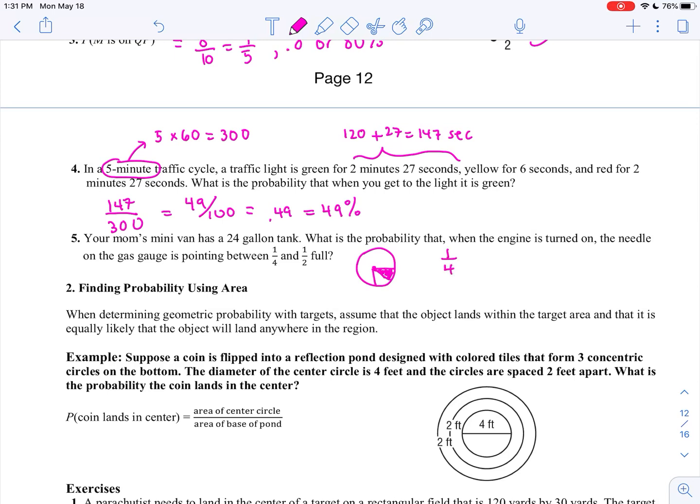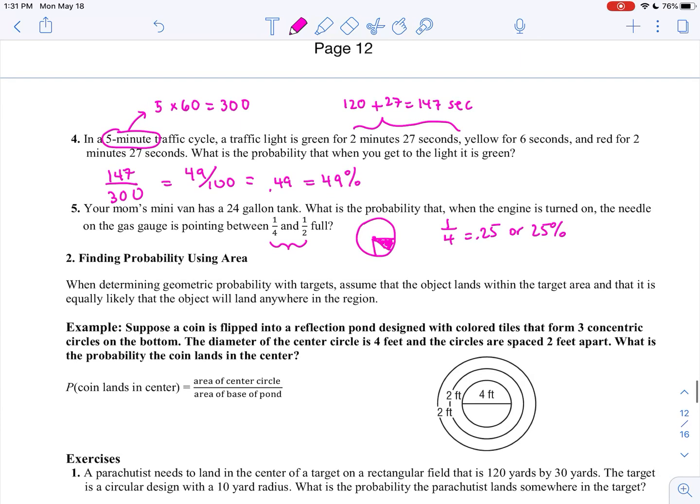So what is the probability that it's between that? Well, that's a quarter of the tank, so 1/4, or 0.25, or 25%. The value between a quarter and a half is a quarter, or in other words, 1/2 minus a quarter is a quarter.